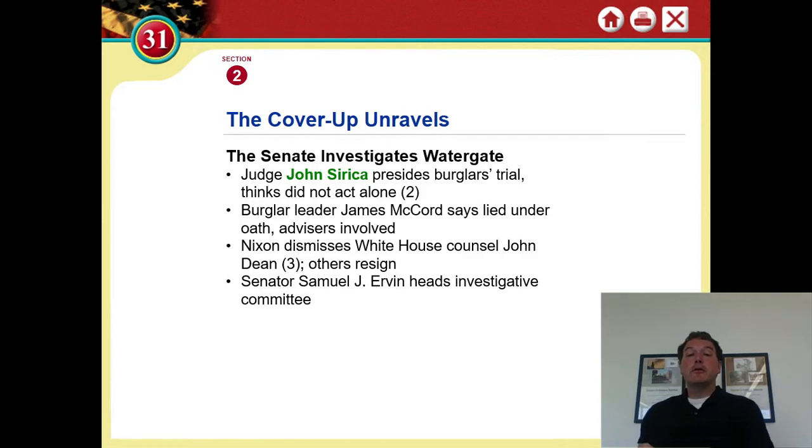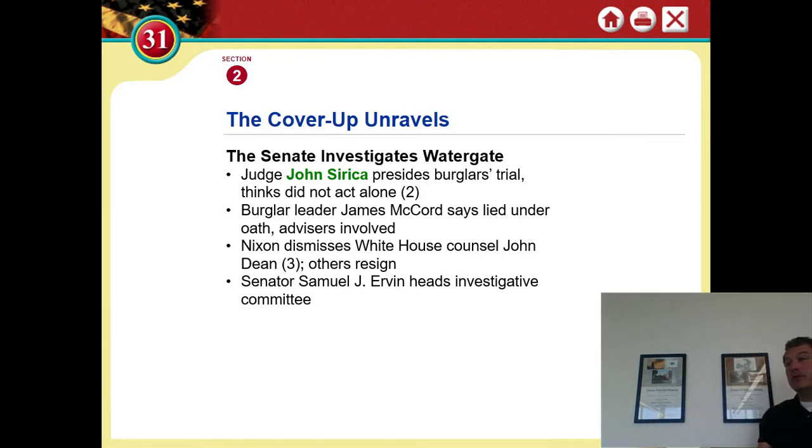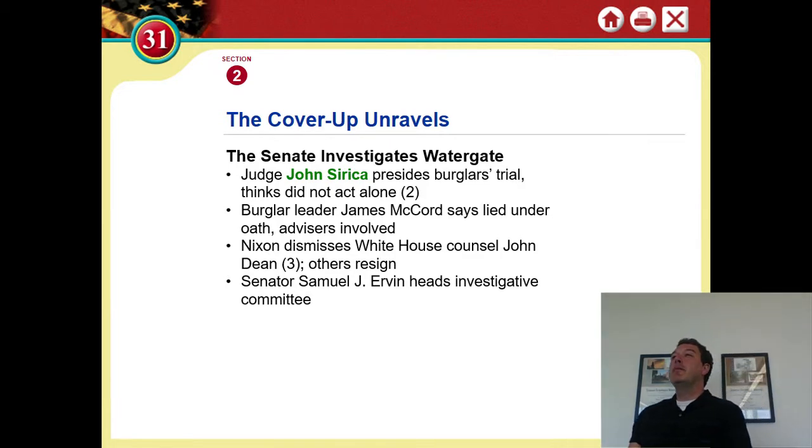The leader of these burglars was James McCord, who was convicted of perjury, meaning he lied under oath. So he tried to lie about his involvement, about any connections with the administration, and it was proven that advisors were involved.